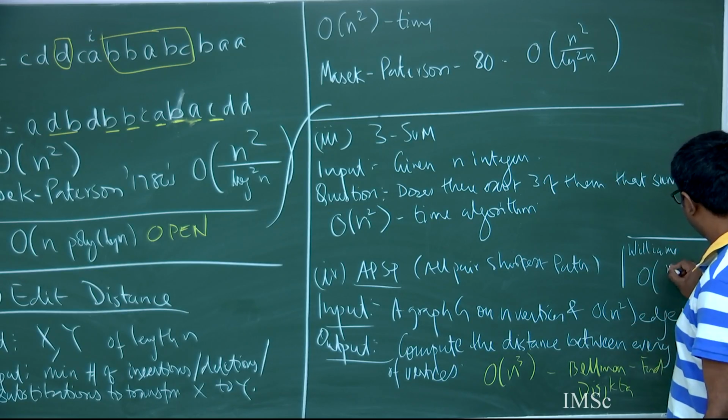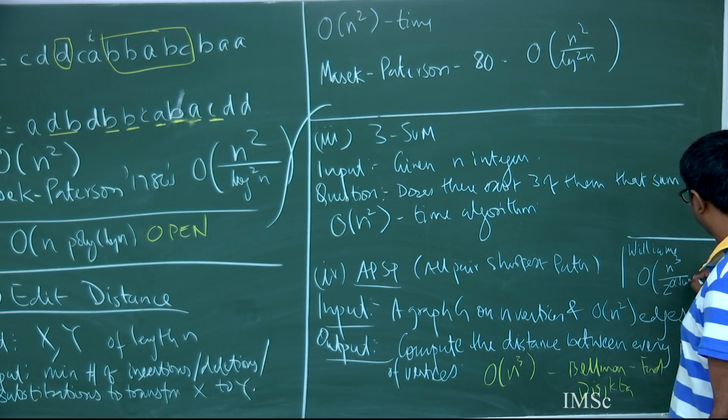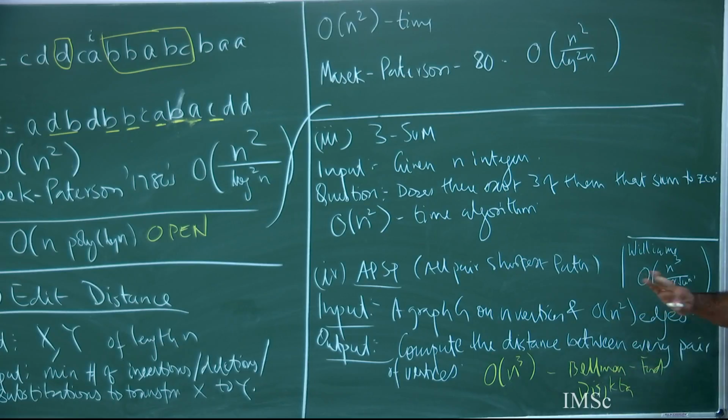I think it is some n cube over 2 to the power big O of square root log n or something. But that's not important. The algorithms also have some circuit-based techniques. Okay, fine. Why is the requirement necessary? The dense, sparse. Much better.